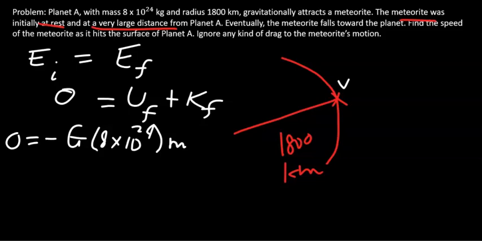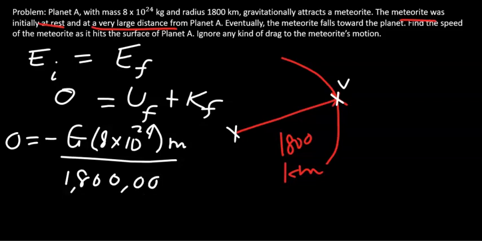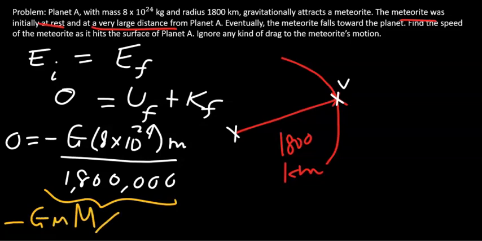The mass of the meteorite is little m, which we don't know, but that's all right. The center-to-center distance reduces into the radius of the planet, which is 1800 kilometers. So 1800 kilometers turn into meters, you get 1.8 million meters. So the first term is just the term for gravitational potential energy of this meteorite planet system.